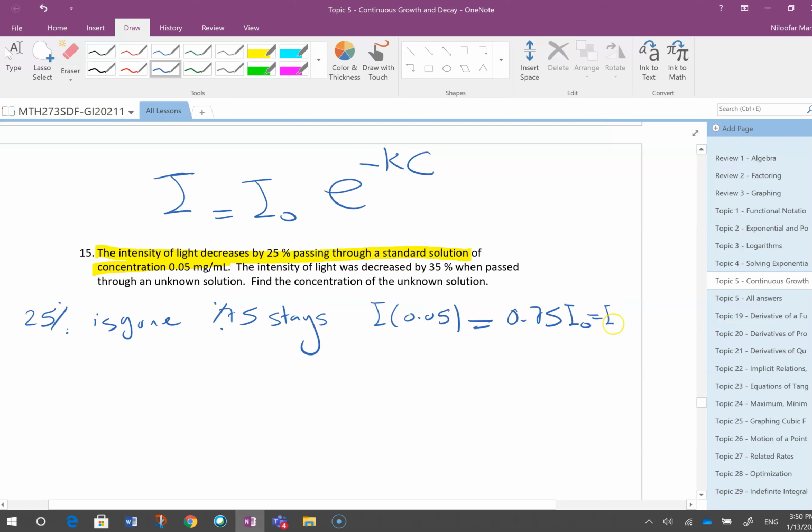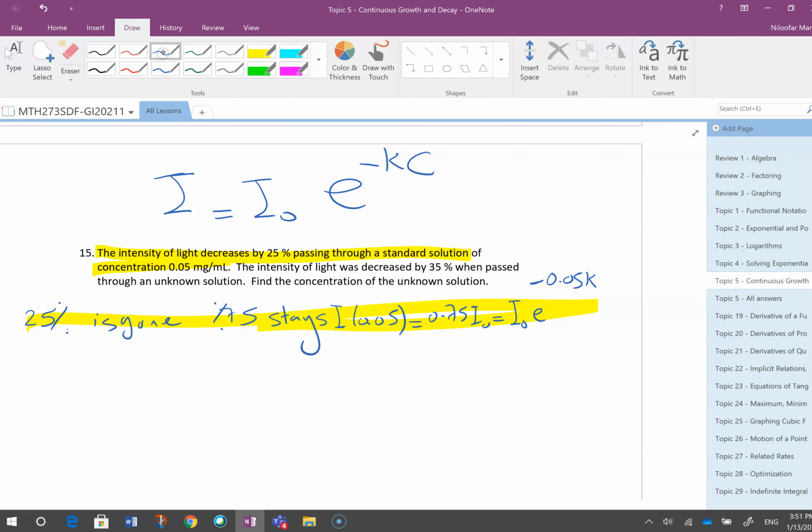This is equal to I0 e power minus k times 0.05. So I can highlight this as this one.